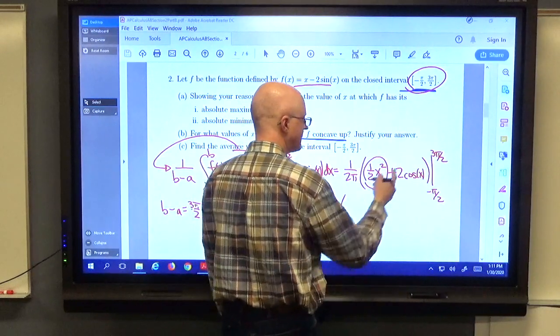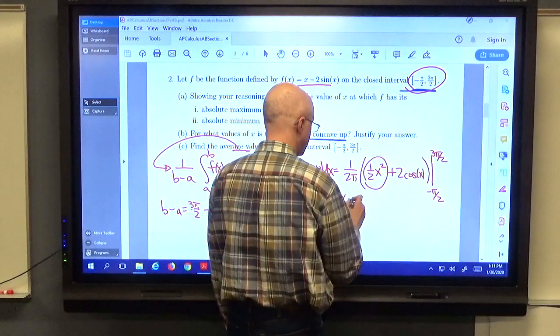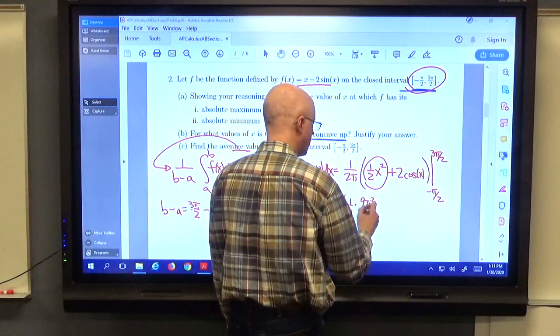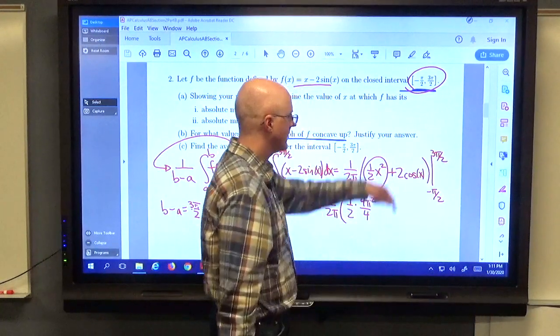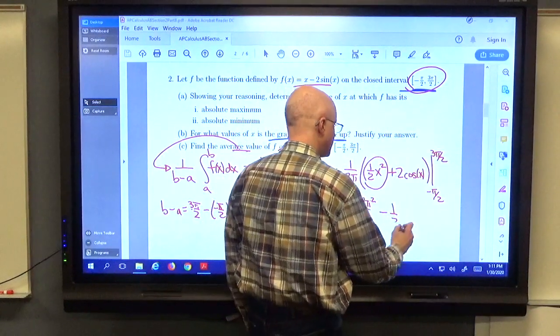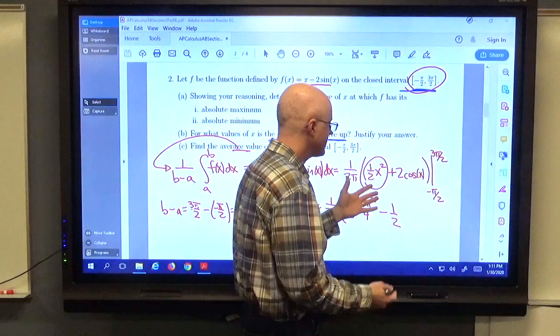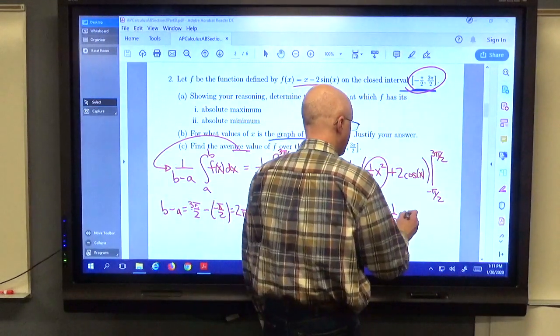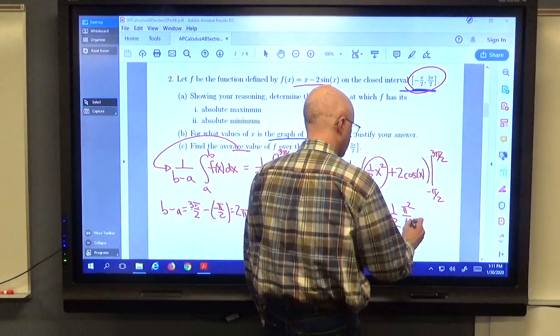So I've got to do 1/2 times 3 pi over 2 quantity squared. That's going to be 1/2 times 9 pi squared over 4. Great, square that. Subtract 1/2 times negative pi over 2 squared. The negative sign will go away when you square. You get pi squared over 4.